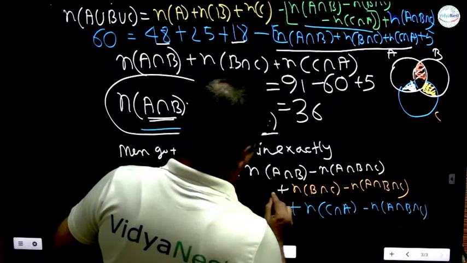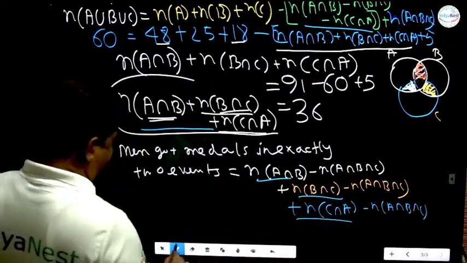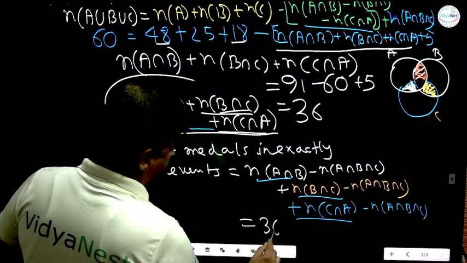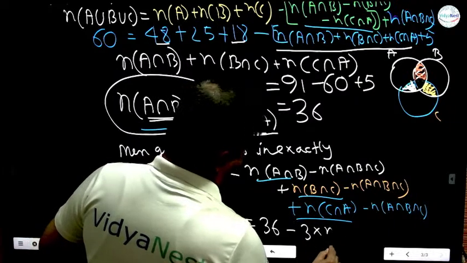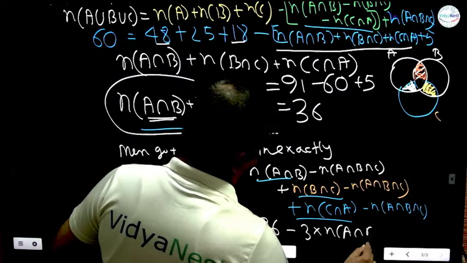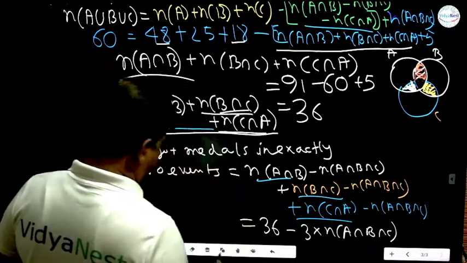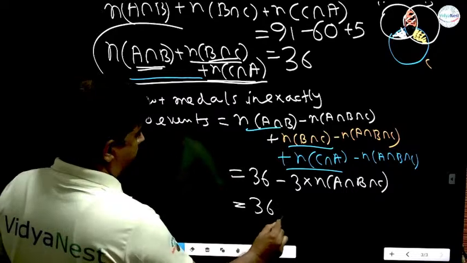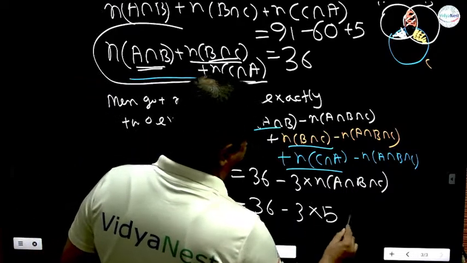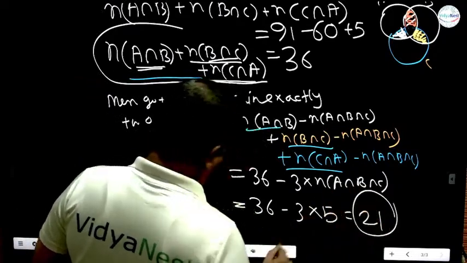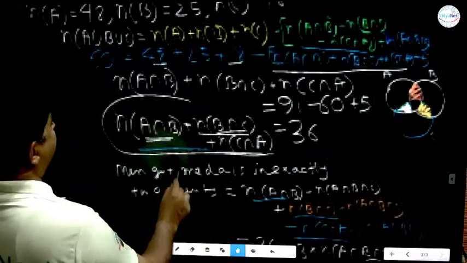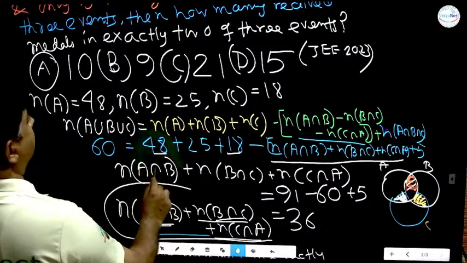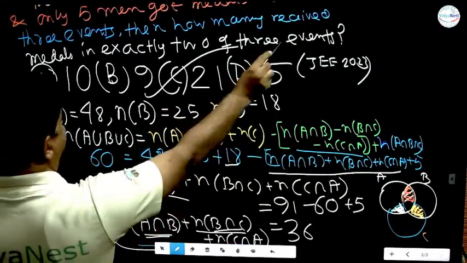Now the summation of these three is 36, minus thrice the triple intersection, and the answer is 21. So with which option is it coming? It is coming with option C. Understand?